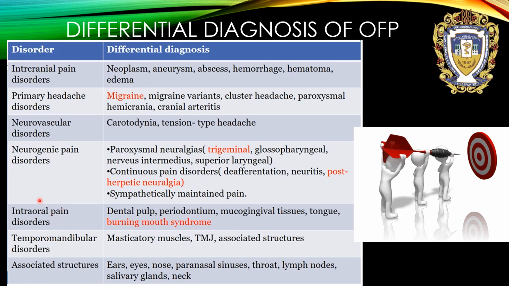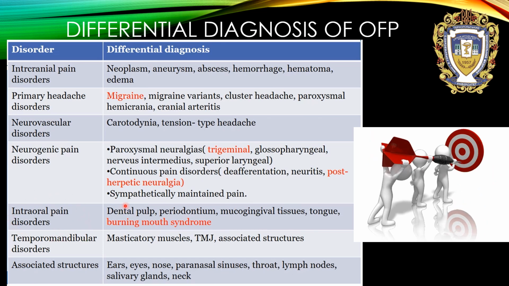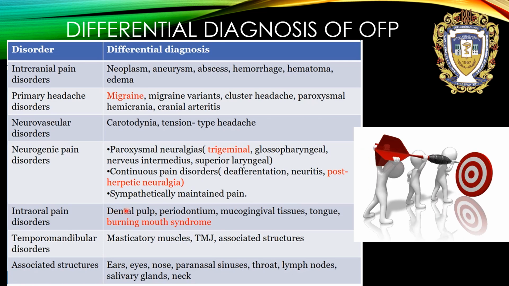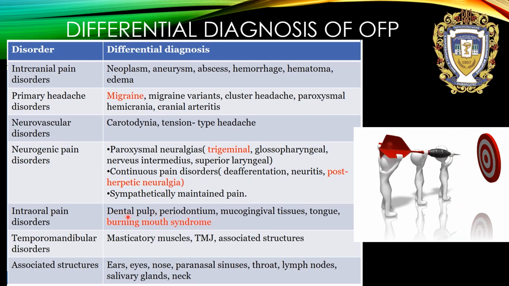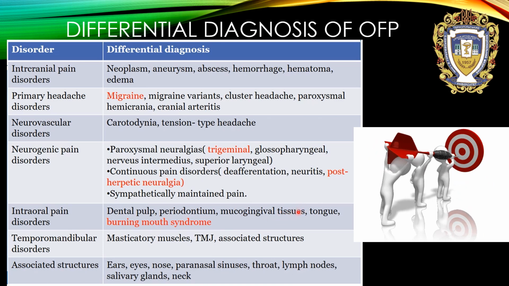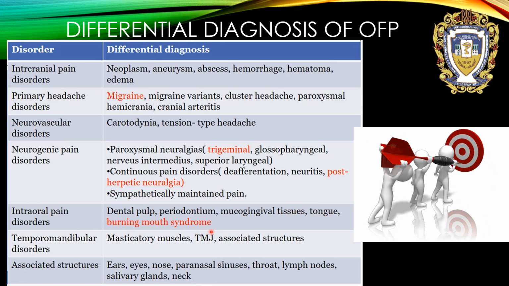In case of intraoral pain disorders, we need to differentiate between dental pulp, pulpitis, periodontium, mucogingival tissues, tongue, and burning mouth syndrome.